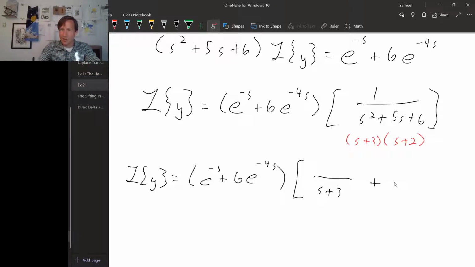One term has s plus 3 in the denominator, the other term has s plus 2 in the denominator. And so cover-up method, if we plug in s is minus 2 to get the coefficient here, we get a 1. And if we plug in minus 3 to get the coefficient over there, we get minus 1.